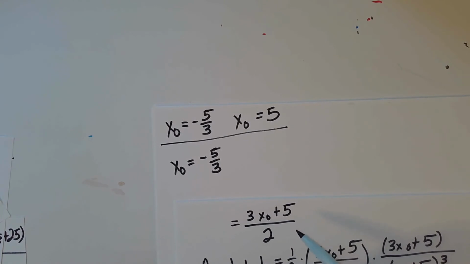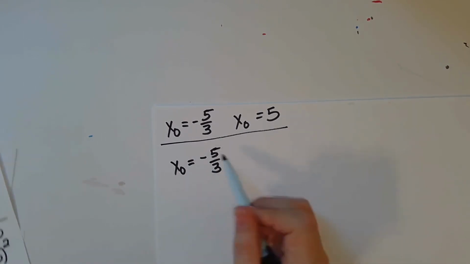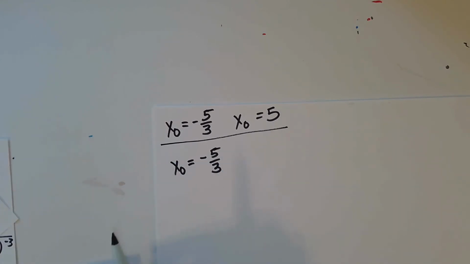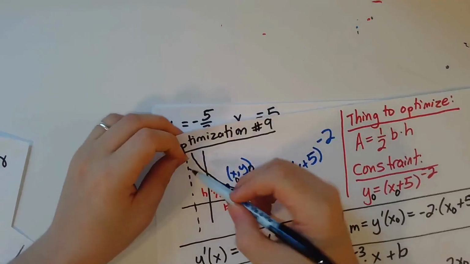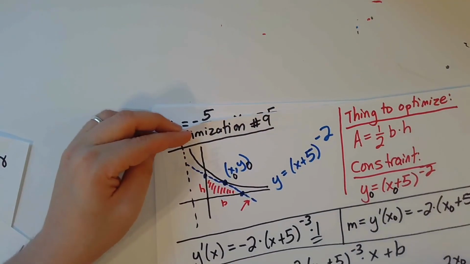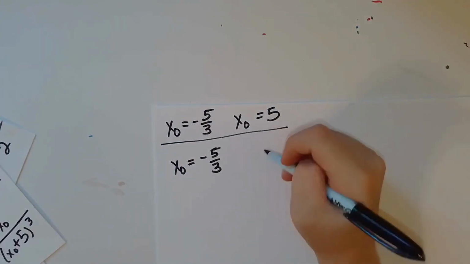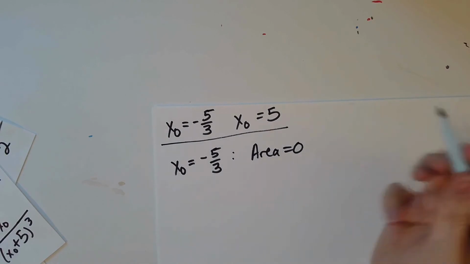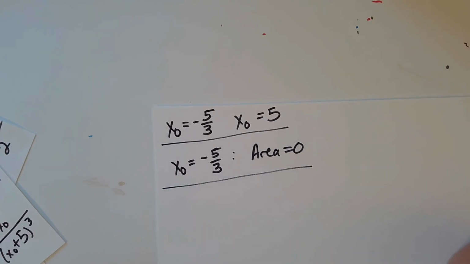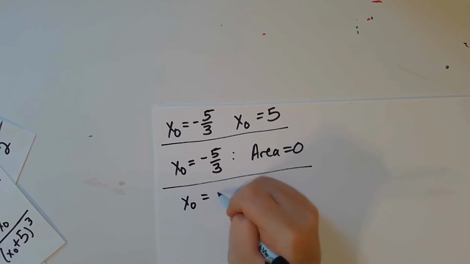It also makes that 0. So at this point, x naught equals minus 5/3, what happens is that this tangent line actually passes through the origin, so it doesn't cut off any nice picture or anything like this. So this corresponds to area equals 0. Okay, so that is definitely not the thing we're looking for. So then I must be looking for what happens when x0 is 5.